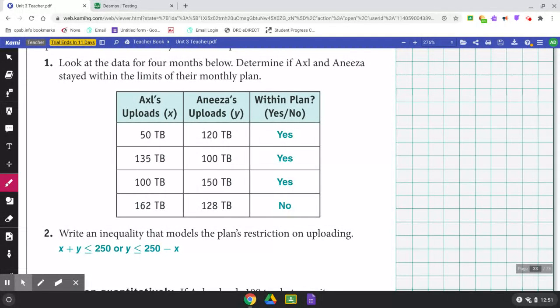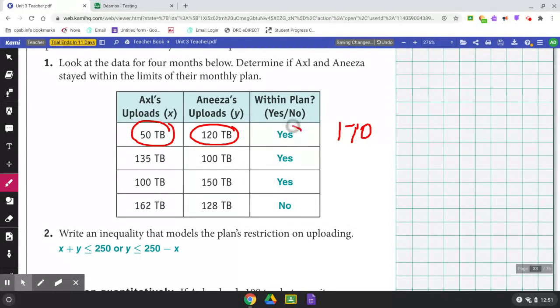So if they can upload together combined up to but no more than 250 terabytes, you're going to have to add what Axel uploads and what Anisa uploads and see if it's 250 or less. So 50 and 120, Axel is 50, Anisa is 120, would be 170. Is 170 250 or less?